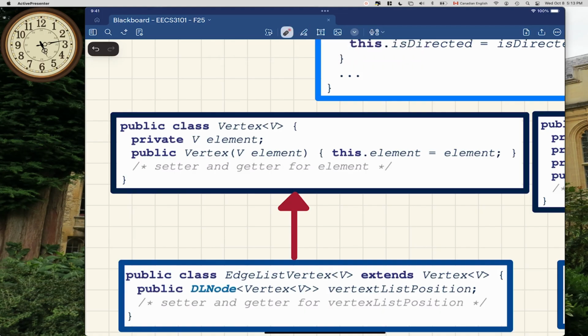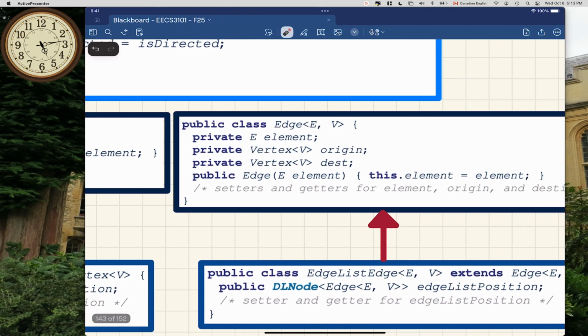We have a class called vertex. And the vertex itself stores some data elements. And then we just set the element to be that particular element. Simple class. We got another class called edge. The edge over here is going to store itself some elements. And then the v here corresponds to what can be stored in the vertex. That's why we pass the v, just generic parameter. And then for each edge, we basically got origin and destination.